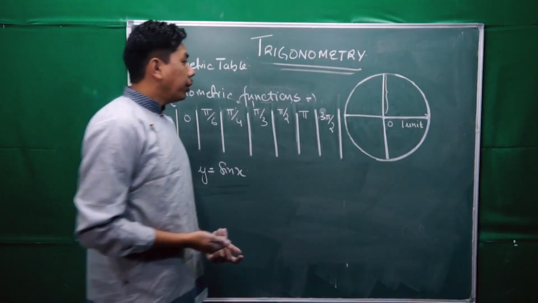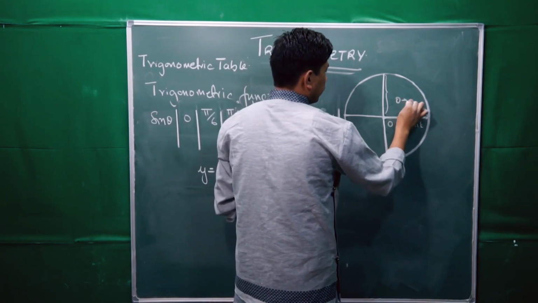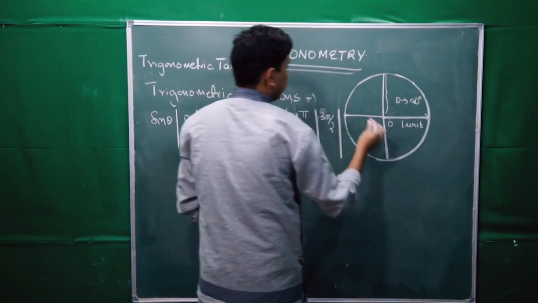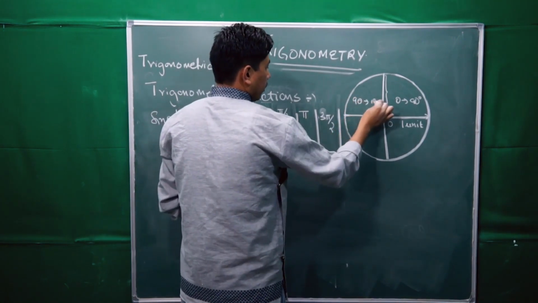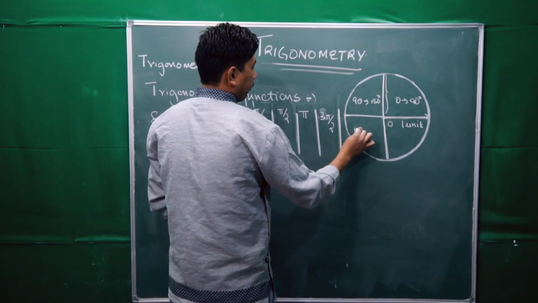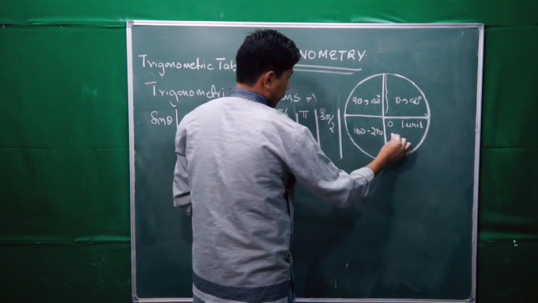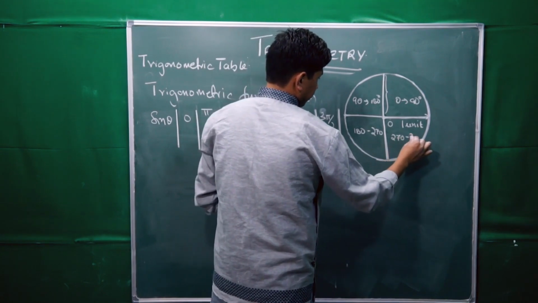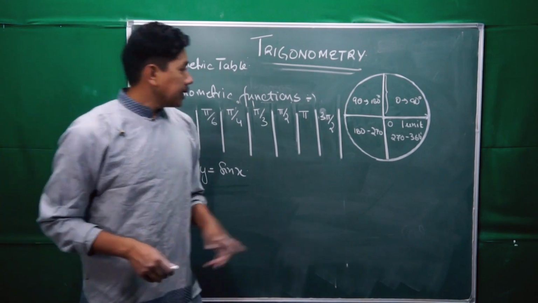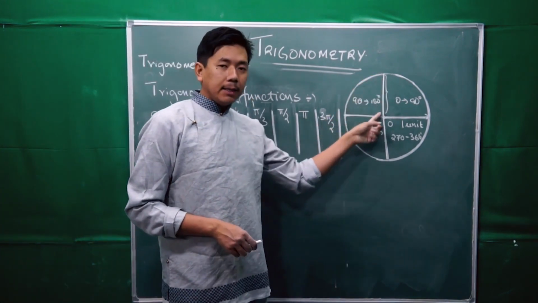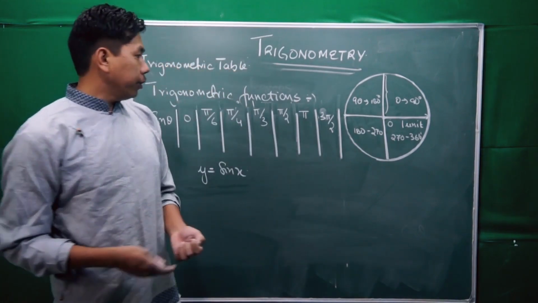Clear? So for certain angles between 0 to 90 degrees, from 90 degrees to this is 180 degrees, and from 180 to 270 degrees, and then from 270 degrees to 360 degrees, what is happening is the length of this line is increasing or decreasing. And how is it increasing or decreasing? We are going to check it out.